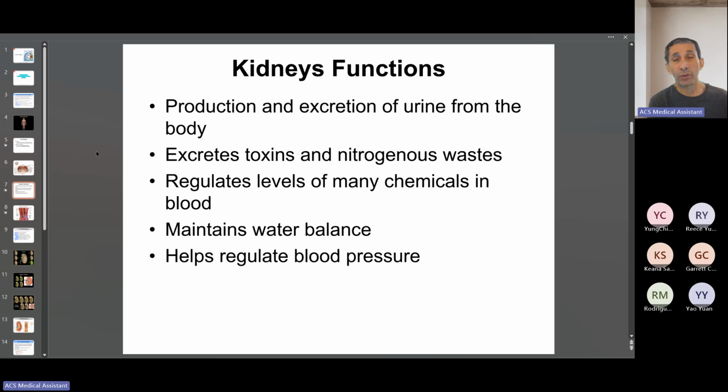Every chemical that we ingest is going to pass through the kidneys, through the liver, through all these organs. And each one of these organs has a specific function to remove certain things. So if things pass through the liver, now the kidneys are going to remove them. So that's how it works.